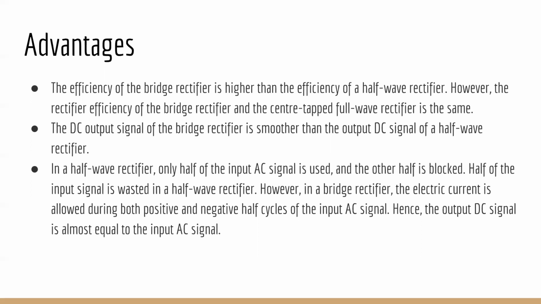Half of the input signal is wasted in the half-wave rectifier. However, in a bridge rectifier, electric current is allowed during the positive and negative half cycle of the input AC signal. So the output DC signal is almost equal to the input AC signal.